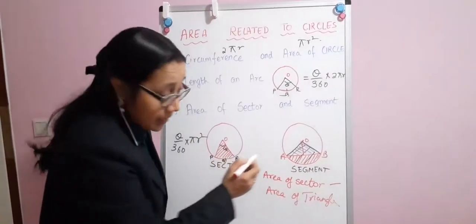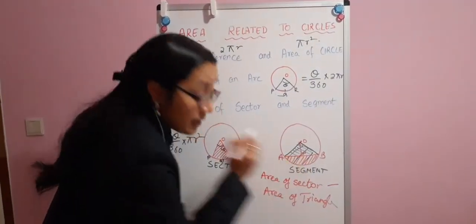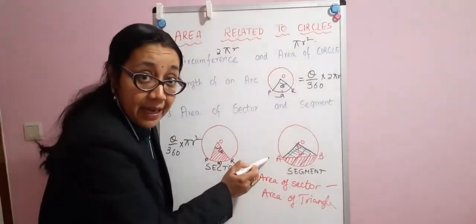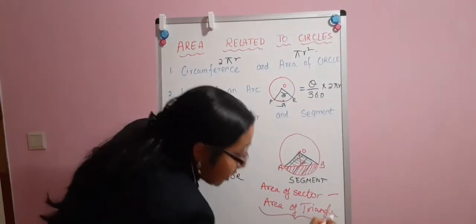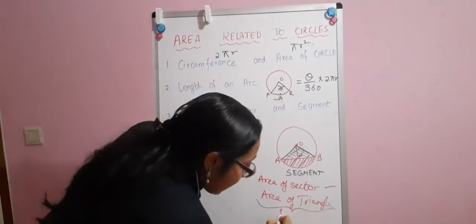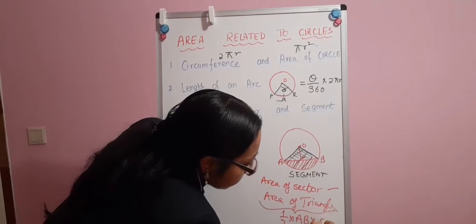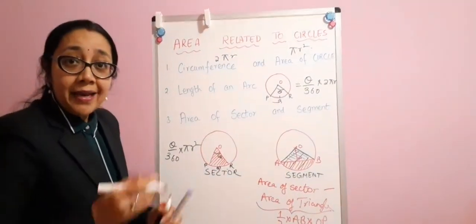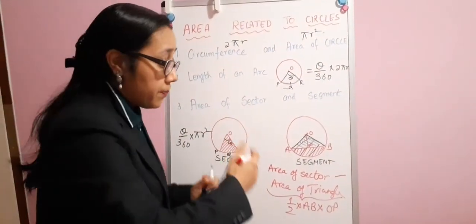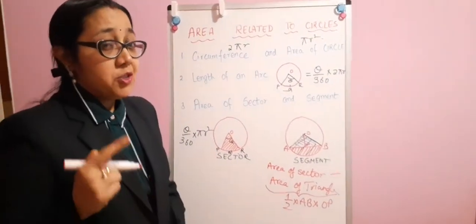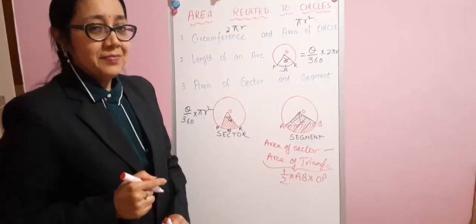So AB is the base and OP is the height. So we can find the area of the triangle as half times AB times OP. We can find the measurement of OP and AB in different ways. Now I will show you one critical question just after this.